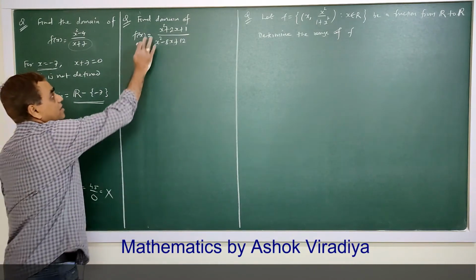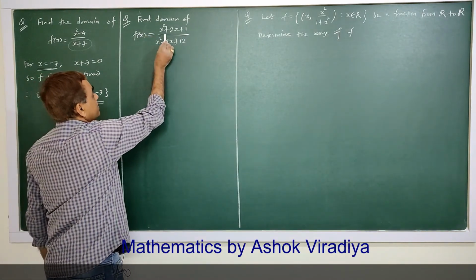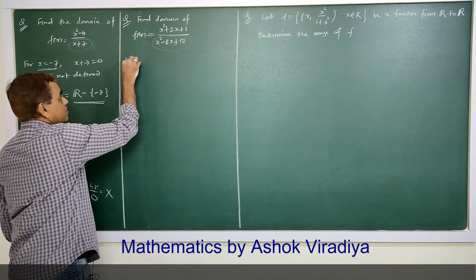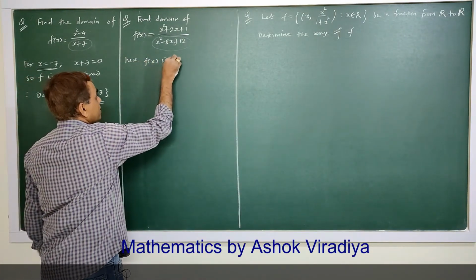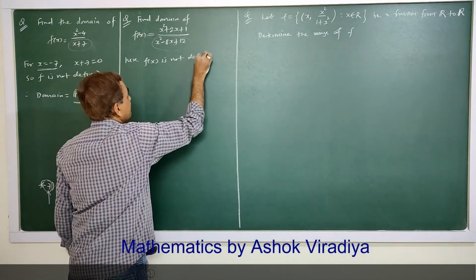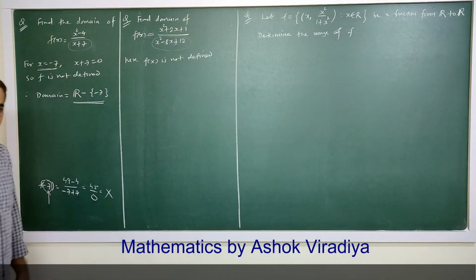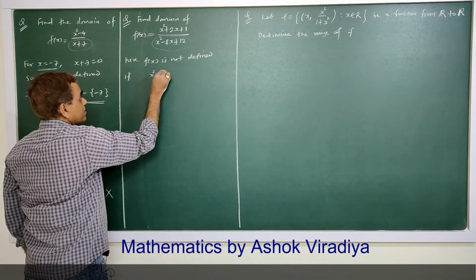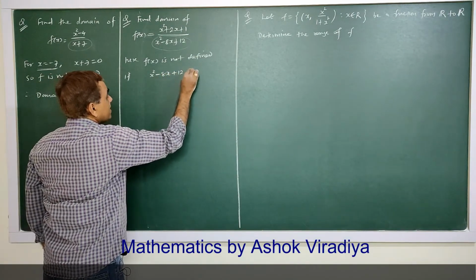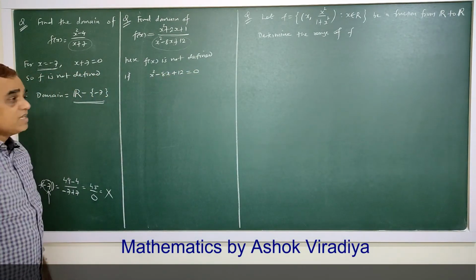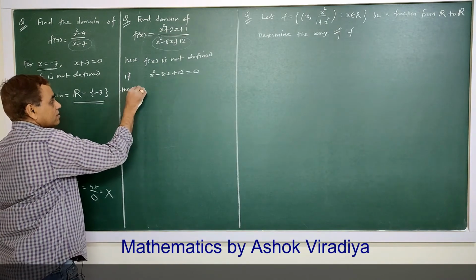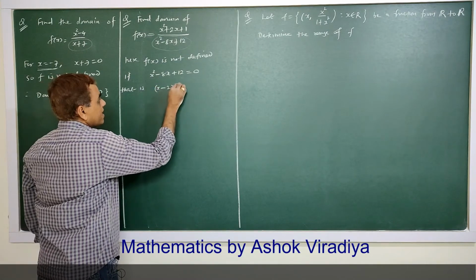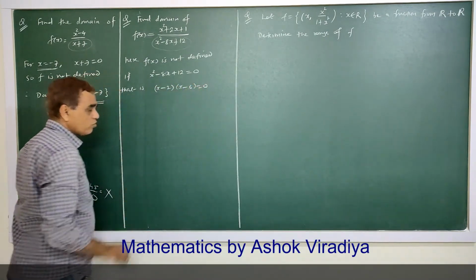Similarly here, this function is not defined if this is 0. Where it is not defined, let us find those numbers. This function is not defined if x squared minus 8x plus 12 is 0. That is, this will be 0 if (x minus 2)(x minus 6) is 0.